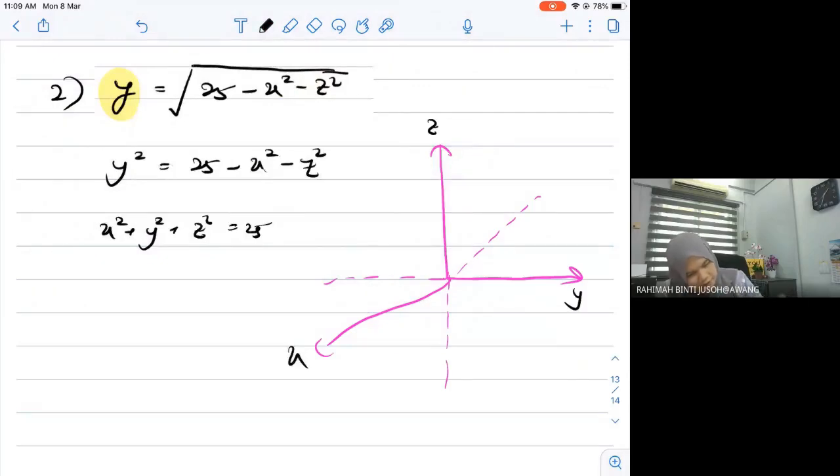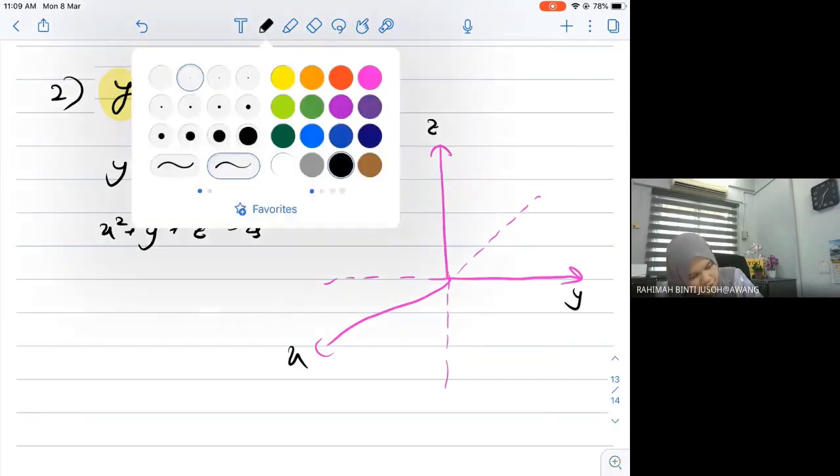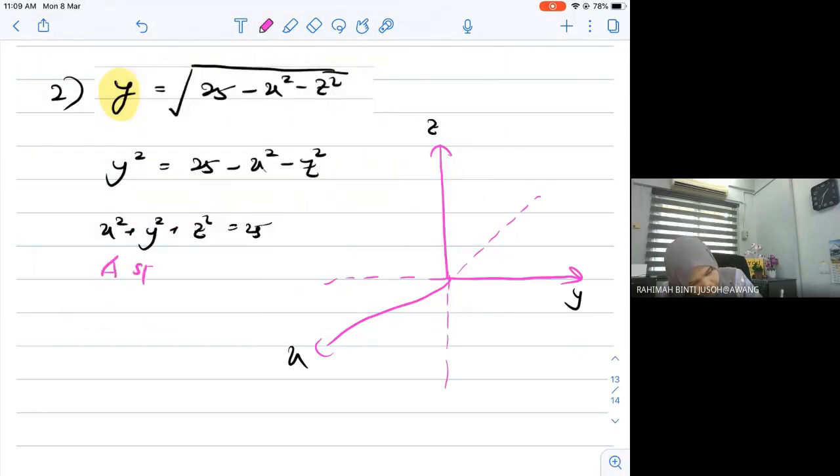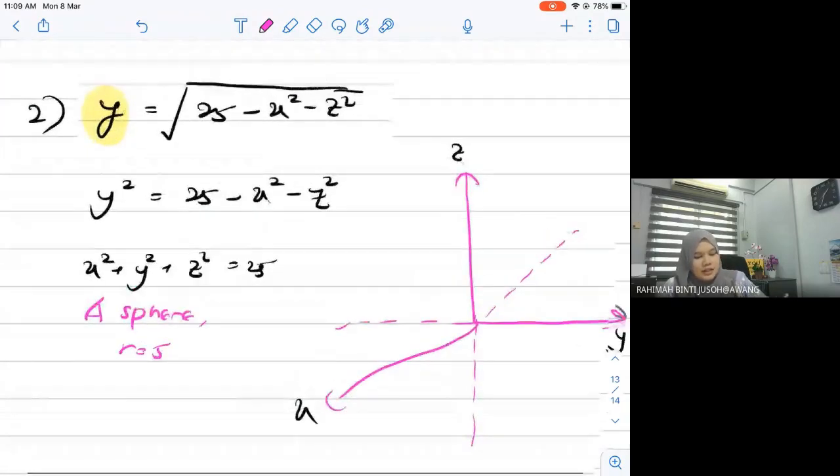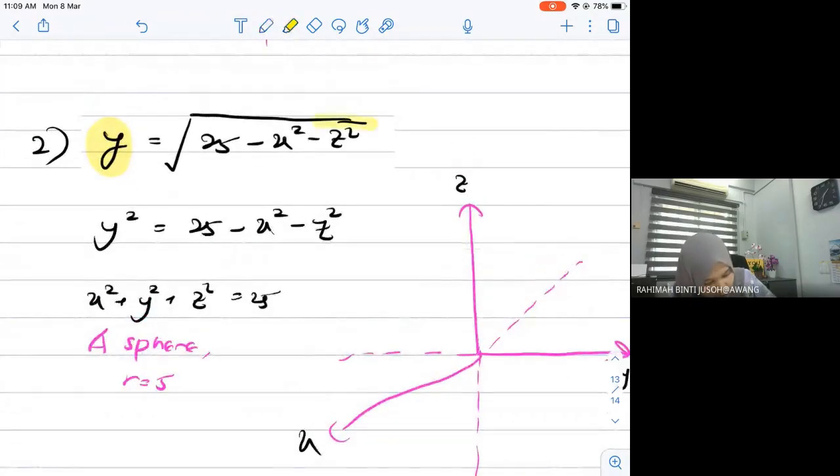X, Y, and Z. Okay. Now we know that this is a sphere with radius 5. A sphere r equals to 5.